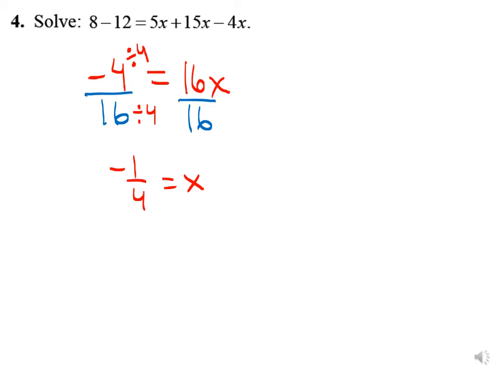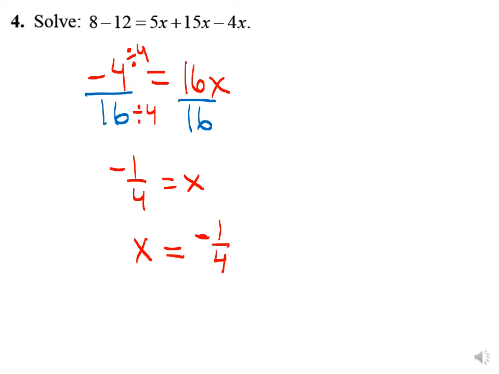Okay, so how do we move it around? Easy. We just put the x on one side and the negative 1/4 on the other, and we're good to go. So again, it has to be negative 1/4.